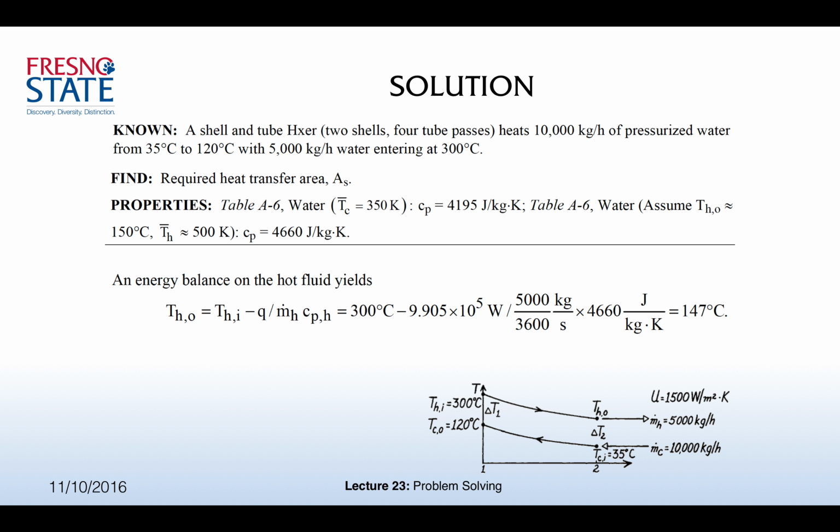I also divide this by Cp for the hot stream, which we assumed to be 4,660 joules per kilogram Kelvin. This calculation gives us TH out to be 147 degrees Celsius.